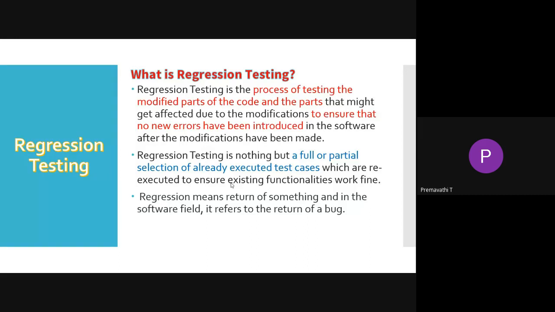Regression testing is the process of testing where we have to modify parts of the code or include any new feature. Here we have to re-ensure that it is working properly after the modification or not. For regression testing, we have to take the full module or the partial module of the modification, where the modification was done.